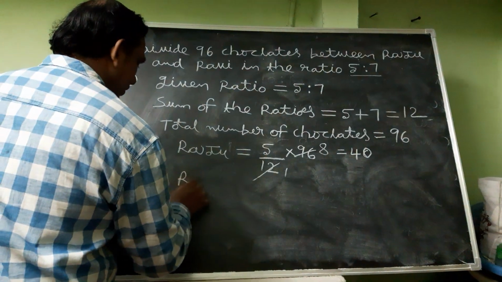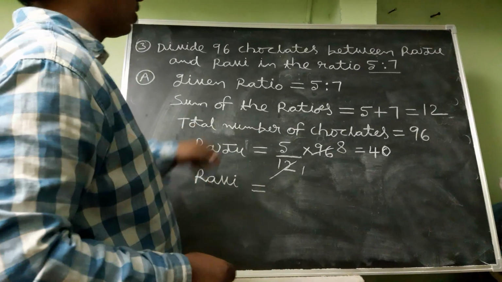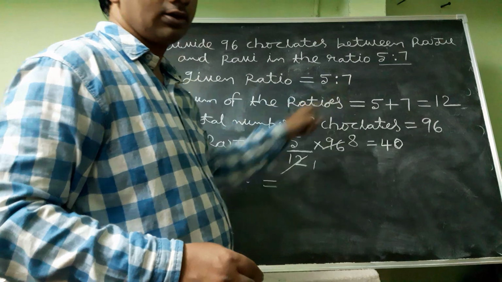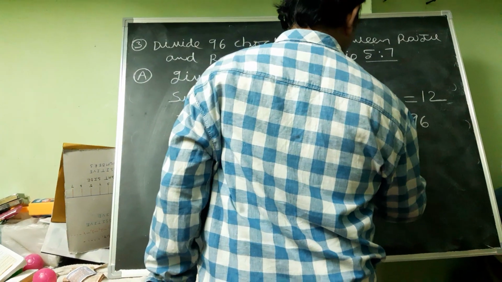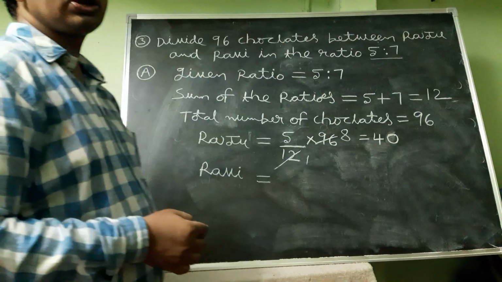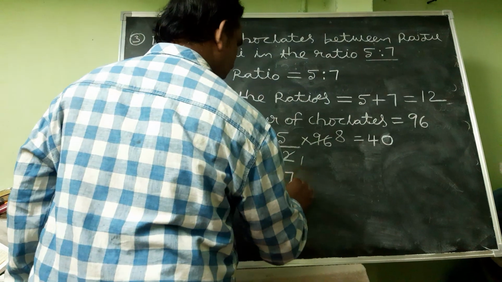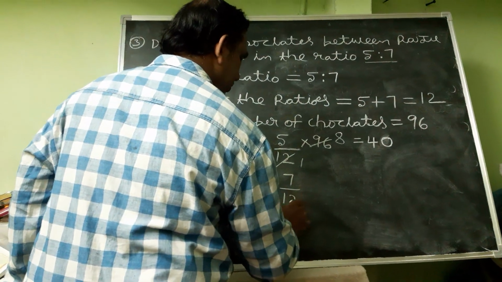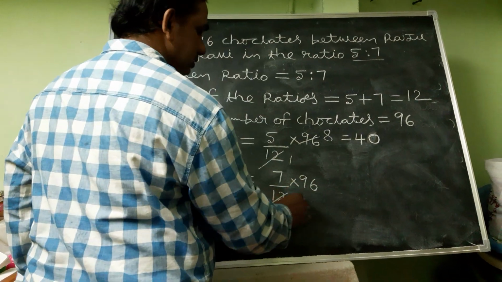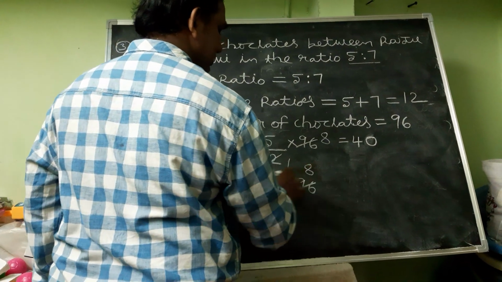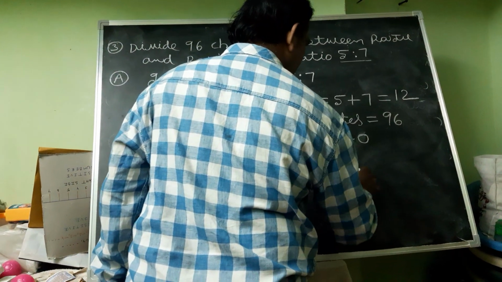Ravi equals, what is the ratio of Ravi? 7. Total ratio 12. So 7 by 12 into 96. 12 ones are 12, 12 eights are 96. 7 times 8 equals 56.